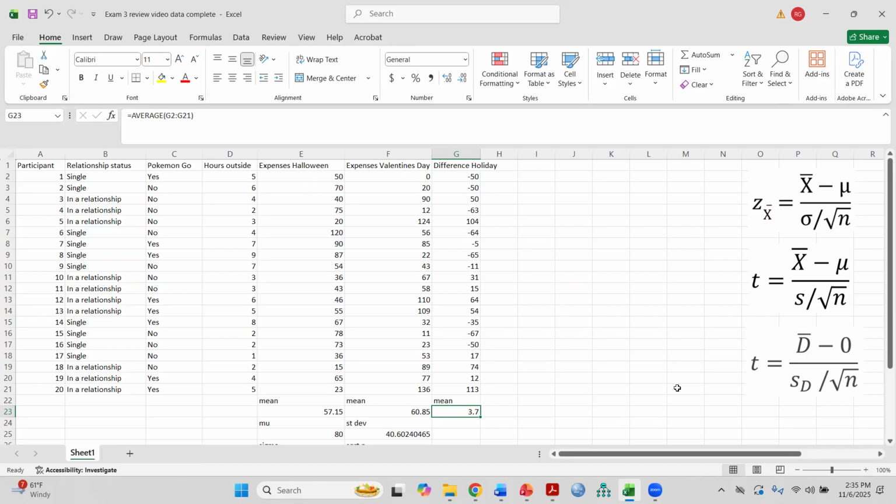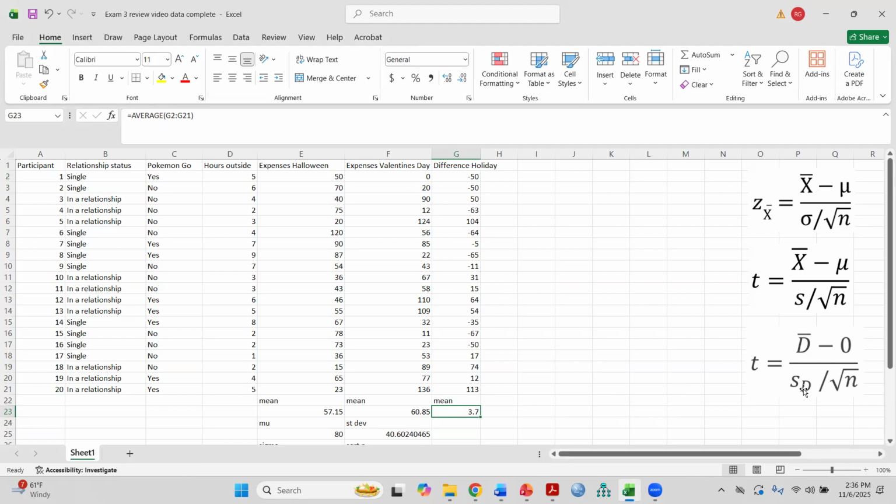All right. Now, we want to know, is this average, which represents the average of the differences, going to be statistically significant? Representing the difference between these two variables on average.